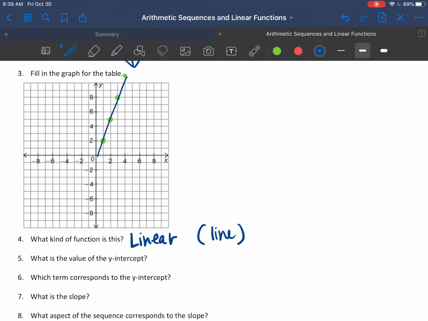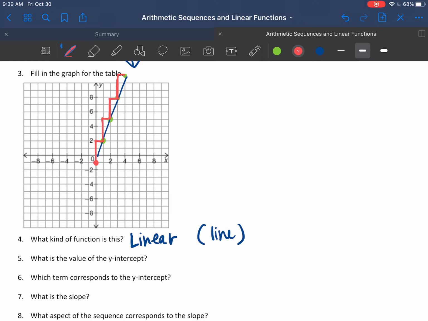And so if we were to connect it, we would have a y-intercept. And so to find that y-intercept, we need to figure out the pattern. And so it looks like it's going up 3 over 1, up 3 over 1, up 3 over 1.